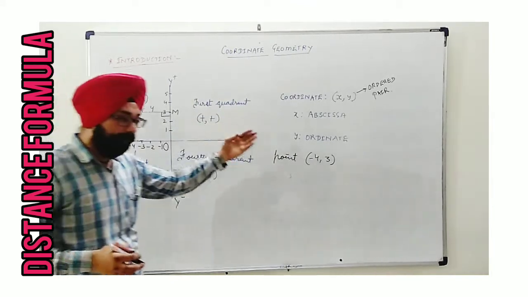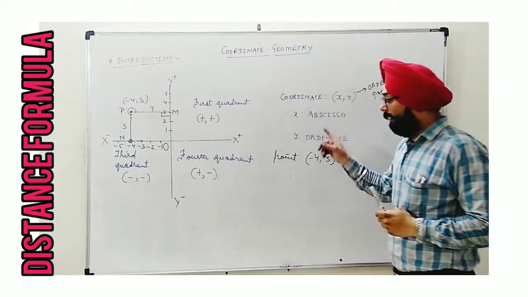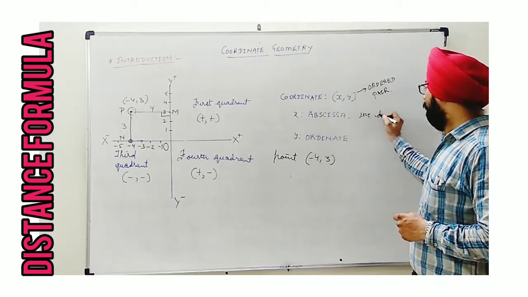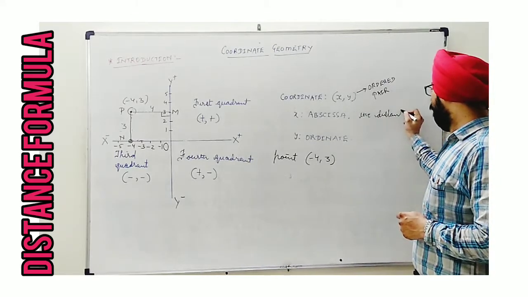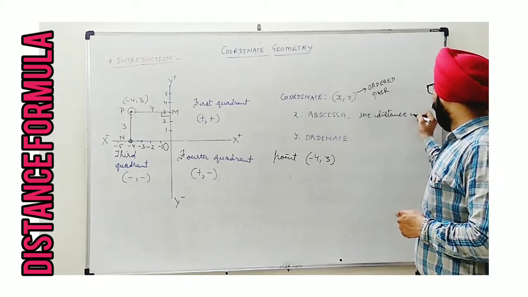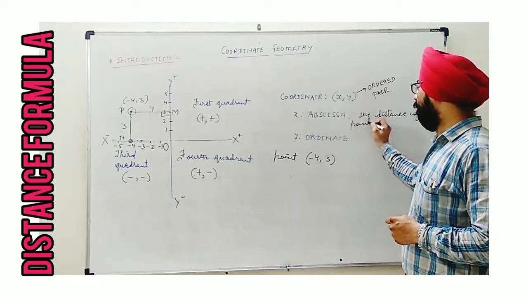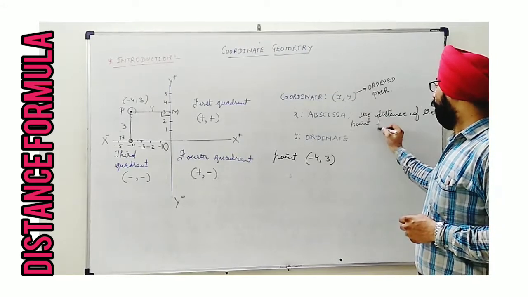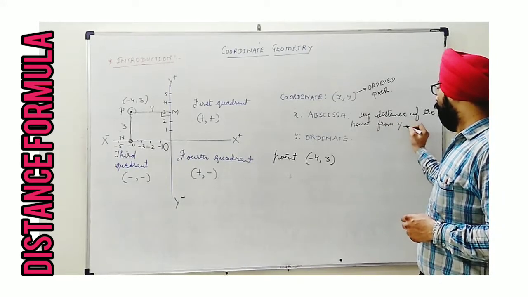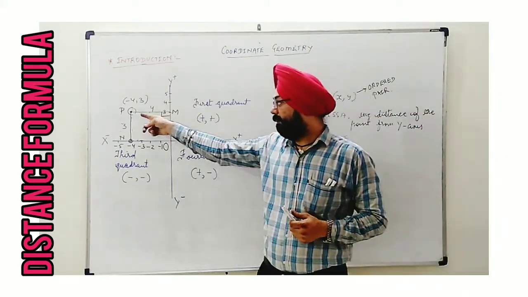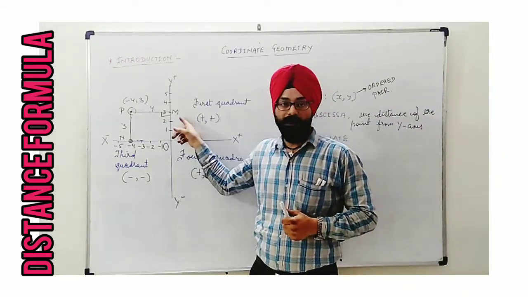That means abscissa will be defined as the distance of the point, whichever you have taken, from the y-axis. You can conclude, you can see, abscissa, the value, will be the distance of the point from the y-axis.